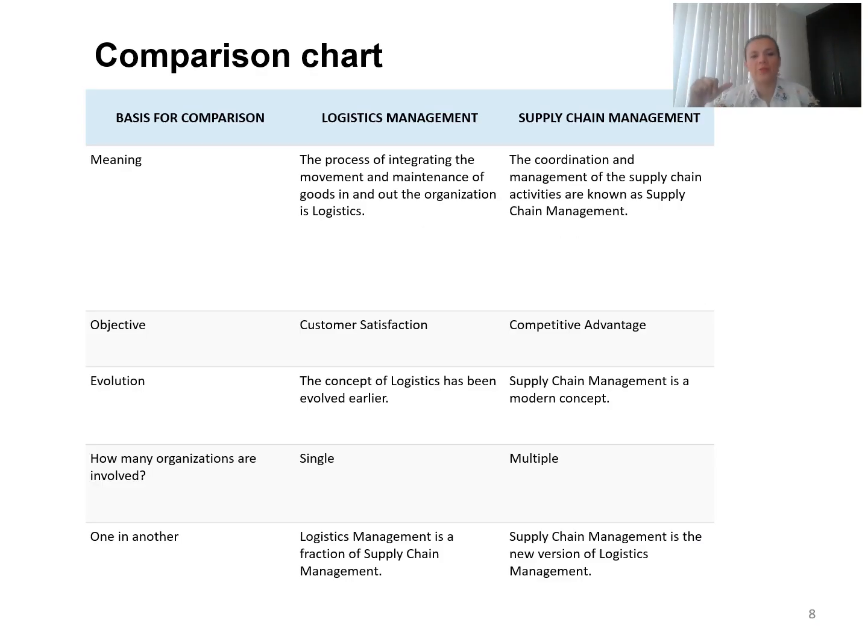Okay, let's get back to the comparison between logistics management and supply chain management. I want to go deeper into this concept again. First, the meaning. Logistics, as you may know, is the integration, movement, and maintenance of goods in and out of the organization. That is logistics.